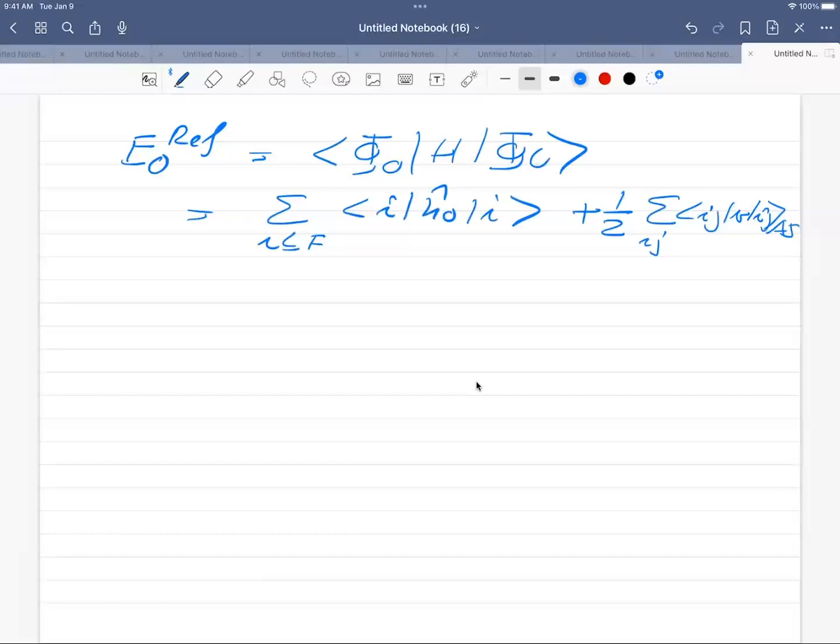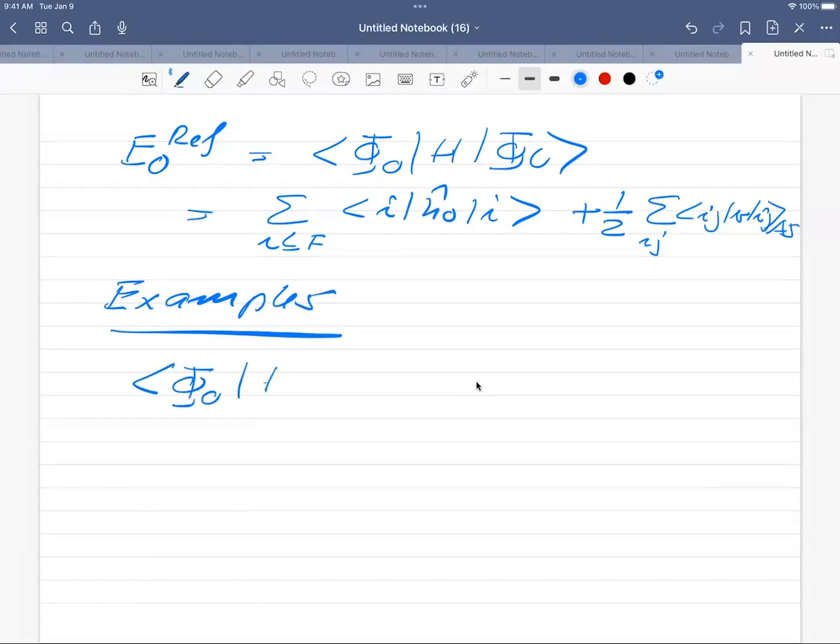Now, one of the matrix elements which we are going to see again and again, so the examples which we went through yesterday, one of them is the transition between the ground state, or this ansatz for the ground state, and a one particle, one hole state.